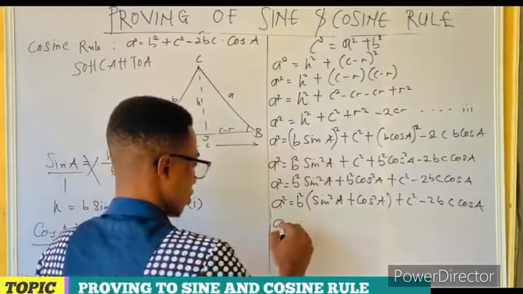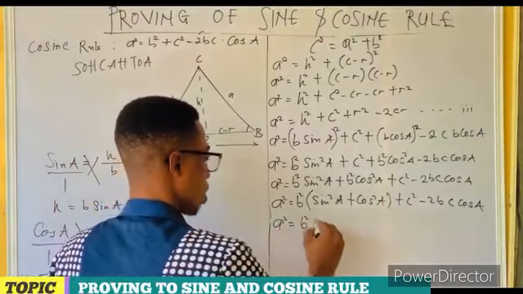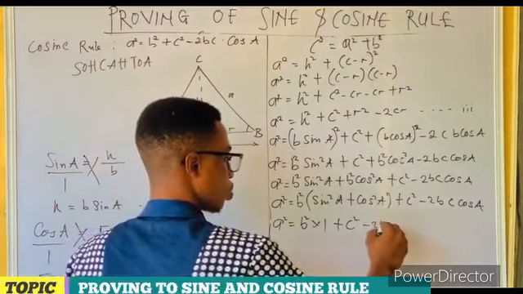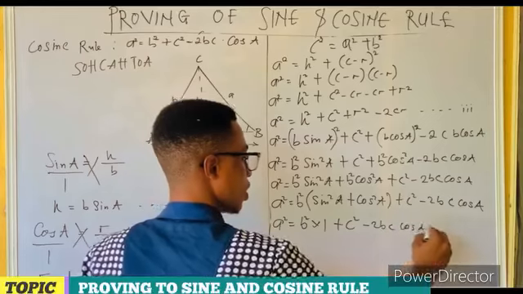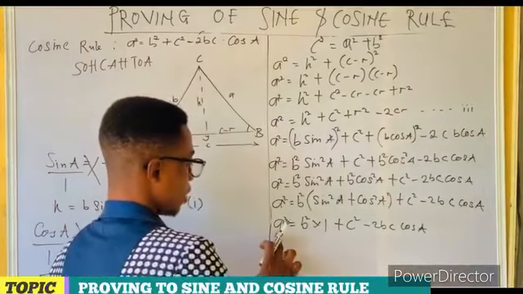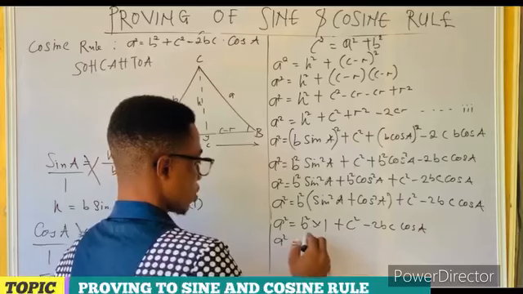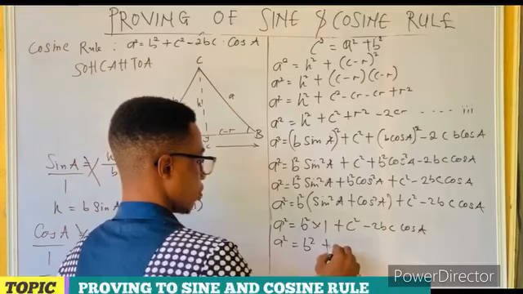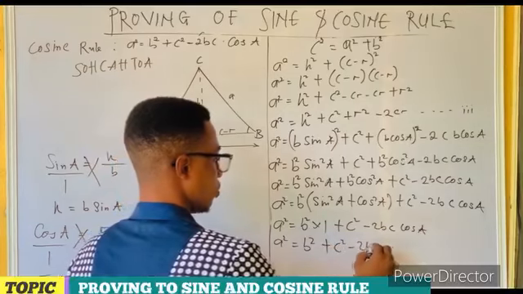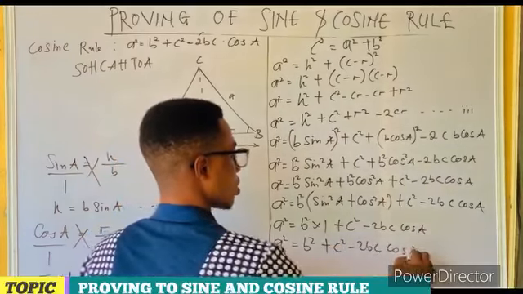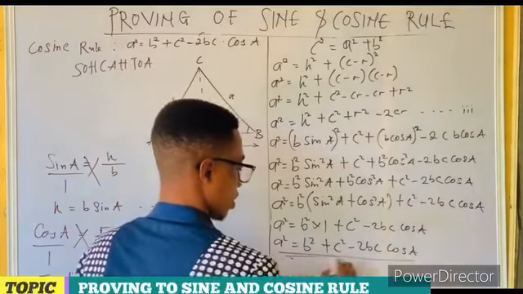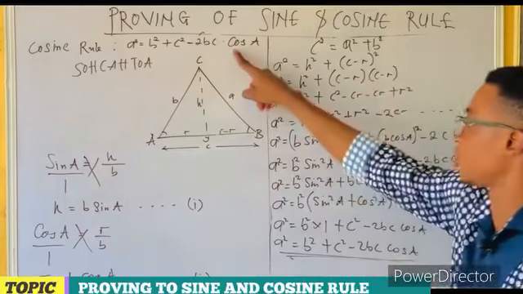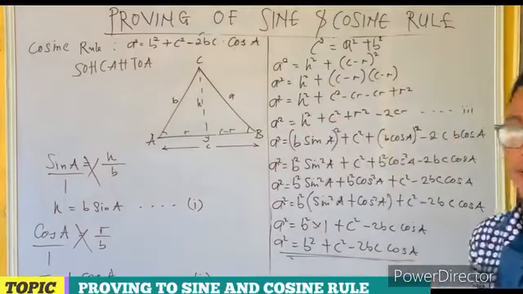We have a squared equals b squared multiplied by 1 plus c squared minus 2bc cos A. Now we have a squared equals b squared plus c squared minus 2bc cos A. And this is the cosine rule.